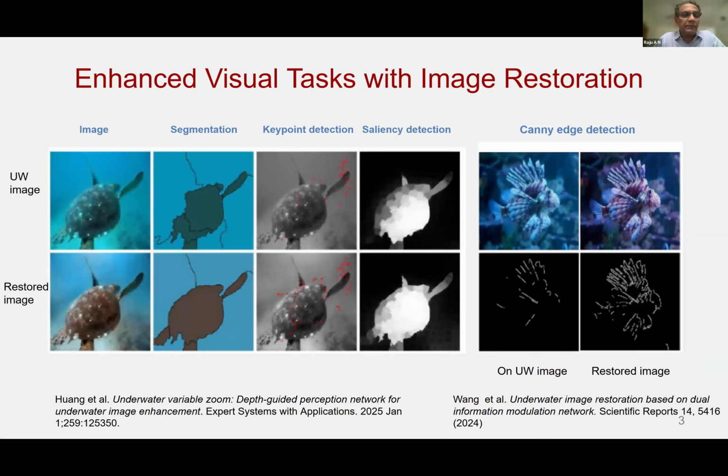Therefore, if you try to do tasks like segmentation, salient point detection, edge detection, and key point detection, you can show that you will definitely get an improved output for these downstream tasks if you do a restoration first, because of the loss of color and the loss of so much contrast.